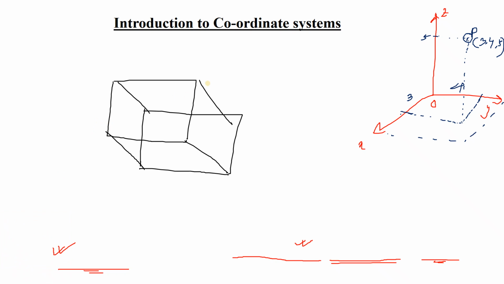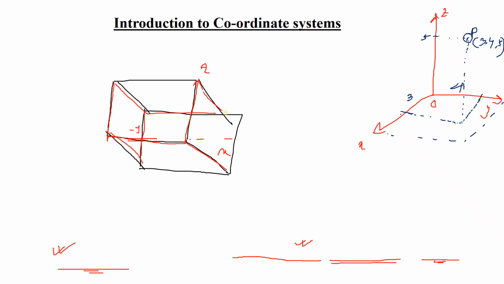If you consider this particular junction, you can see it is like the corner of a room. Suppose this is your z axis, this is your y axis, this is your x axis, or minus y, plus y is over here. That means every point you will see is in a kind of xyz plane. You can relate it.